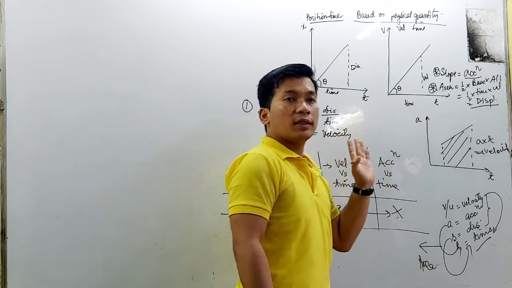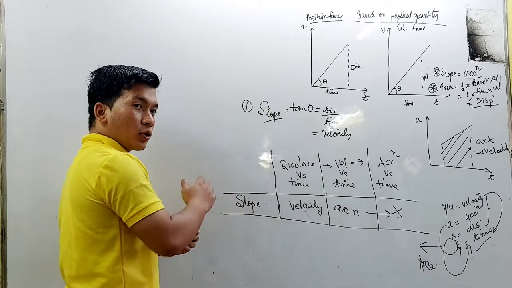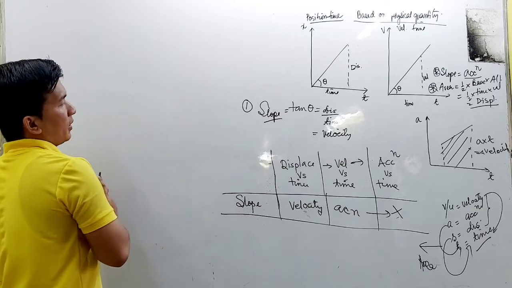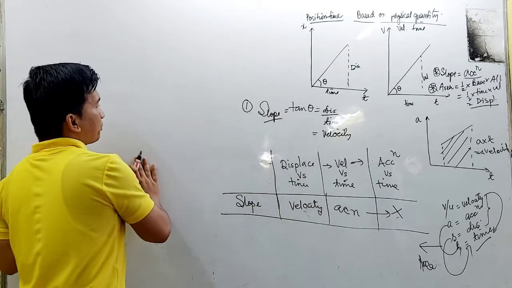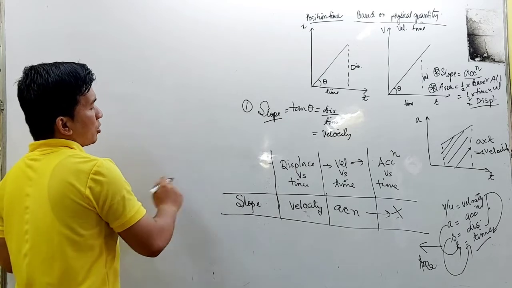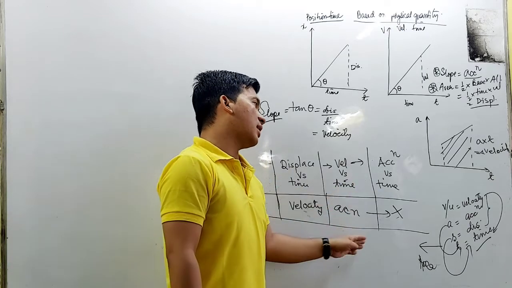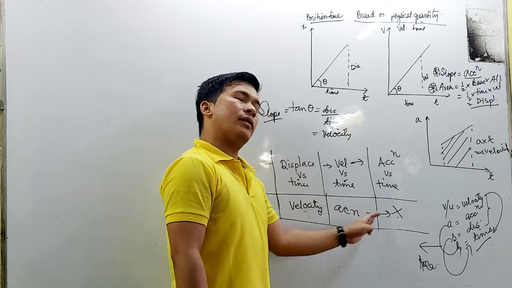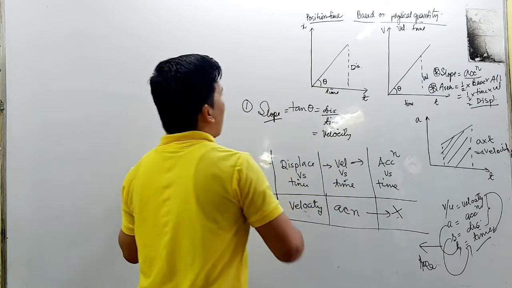For slope we go in the forward direction, and for area we go backward. The slope of velocity gives acceleration, the area under acceleration gives velocity, and the area under velocity gives displacement.